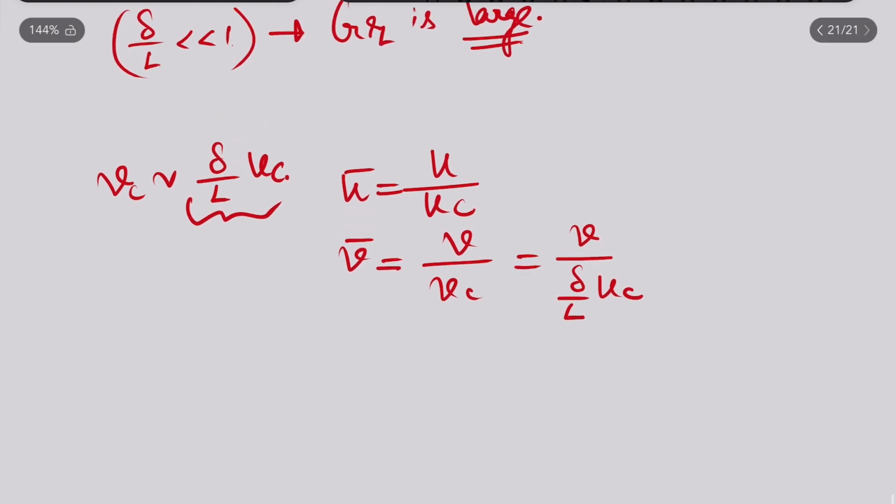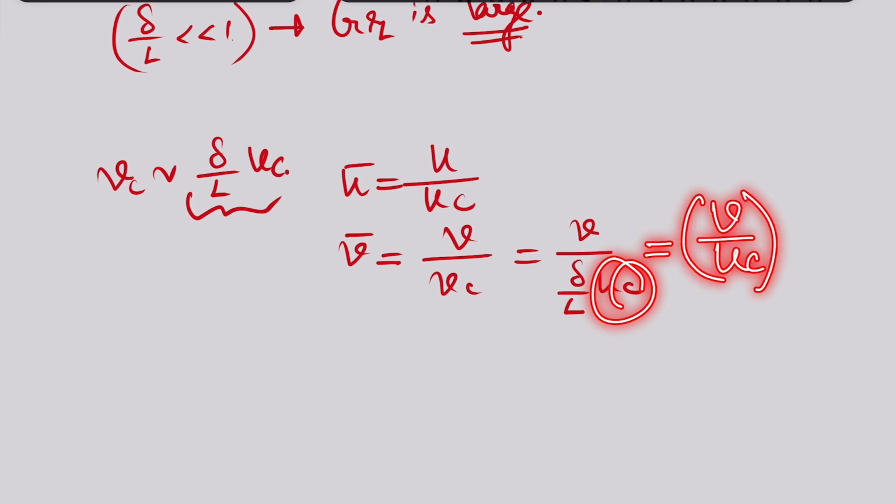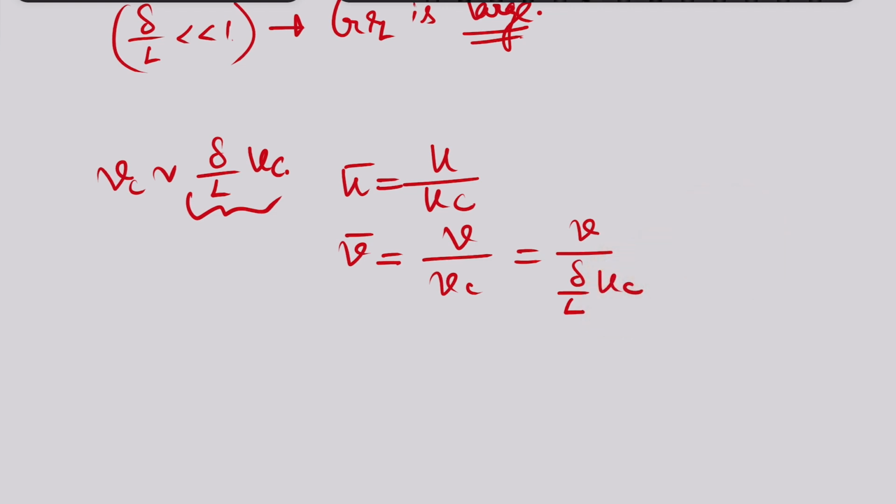Okay, so now V is much lesser than this UC, but this V by UC, although it is much lesser than 1, this delta by L is very small, and that is why this 1 by delta by L will shoot up to make all over the term of the same order as U bar. Okay, so this should be your VC.